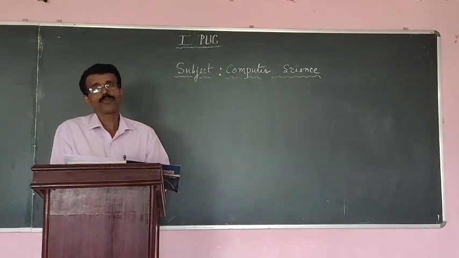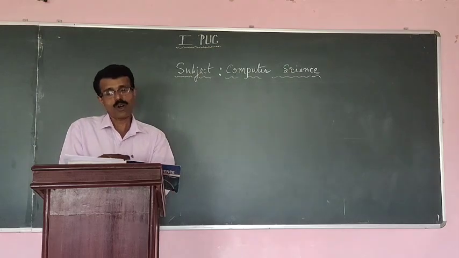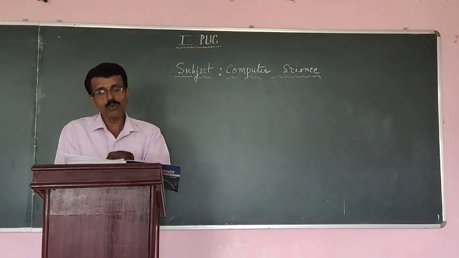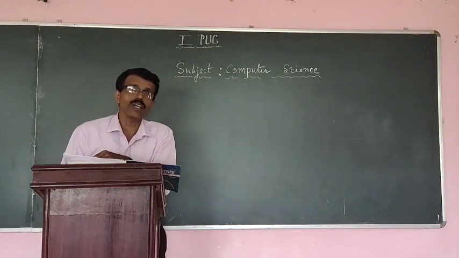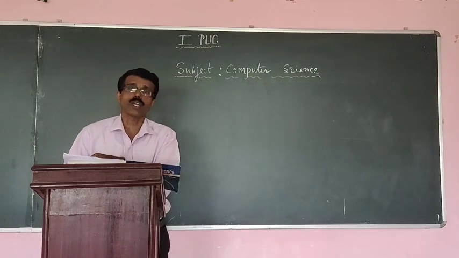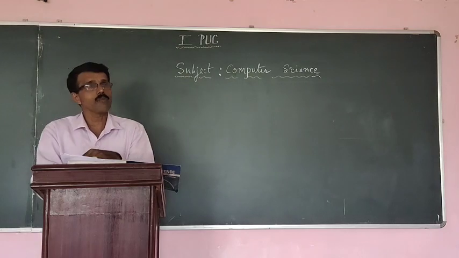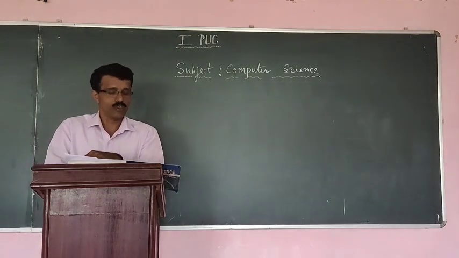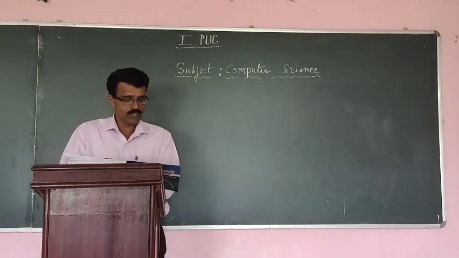Besides this, under data representation, we have to study number systems. Under number systems, there are two types: positional number systems and non-positional number systems. That is also given in the syllabus.